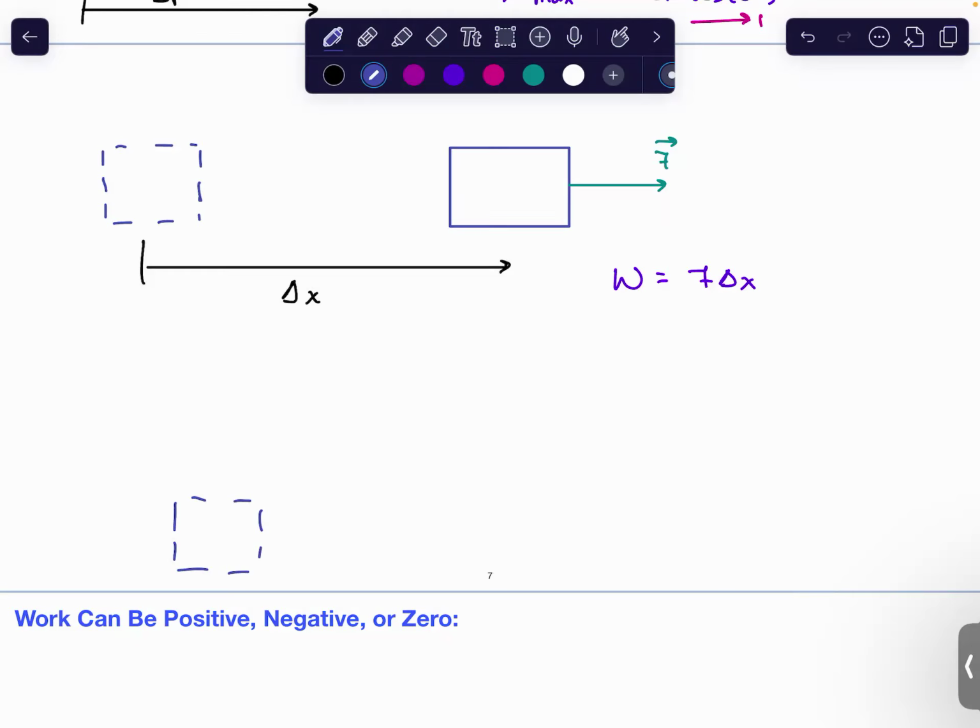This time you can say your object moved that way. So again, you see that the angle between the two is 0. There's one where you have F delta Y.